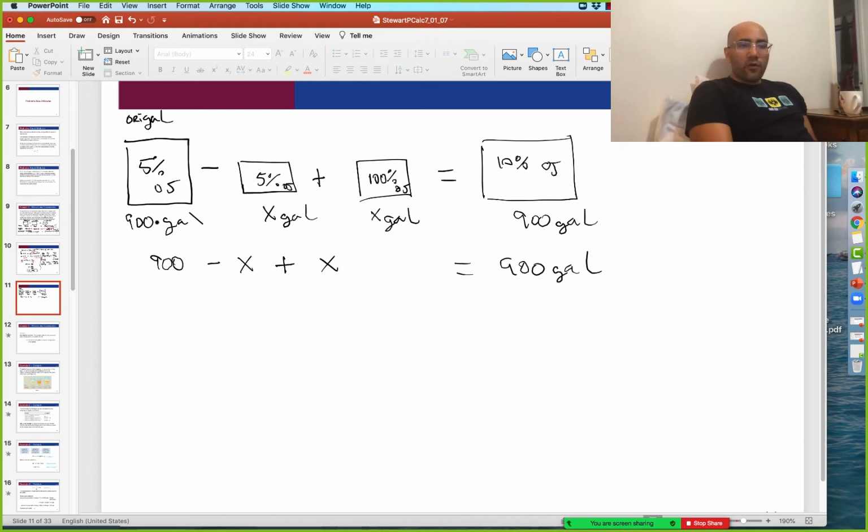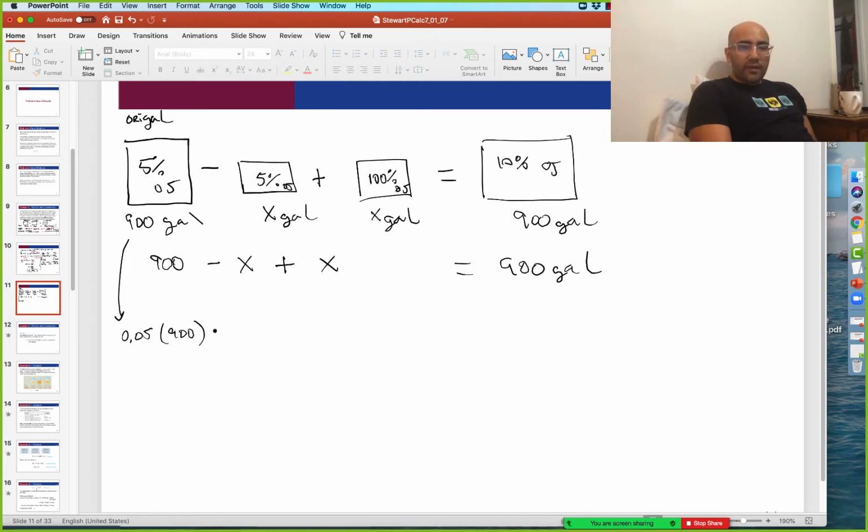Okay, but now if we focus on the actual amount of pure orange juice, we would have 0.05 times 900. That's how much pure orange juice is in the original mixture. We already know that's 45.